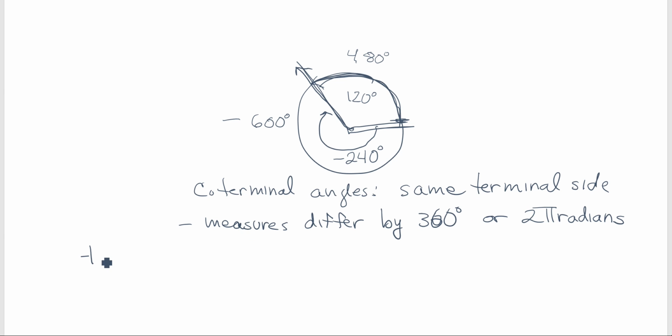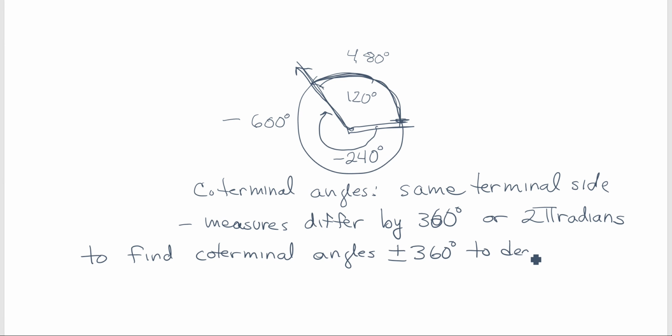And so to find coterminal angles, we can add and subtract 360 degrees to degree measures, or we can add and subtract 2 pi to radian measures.